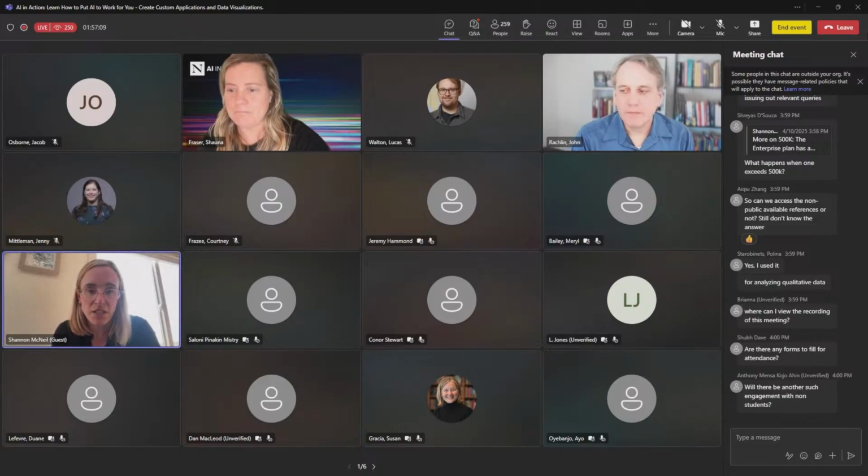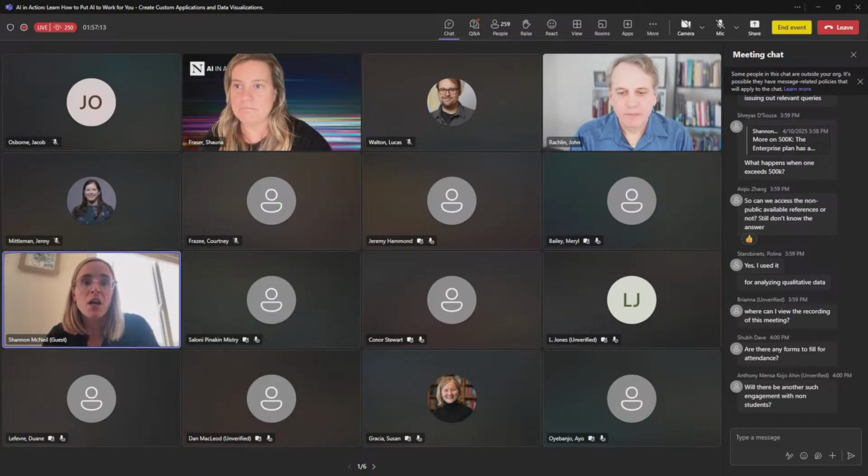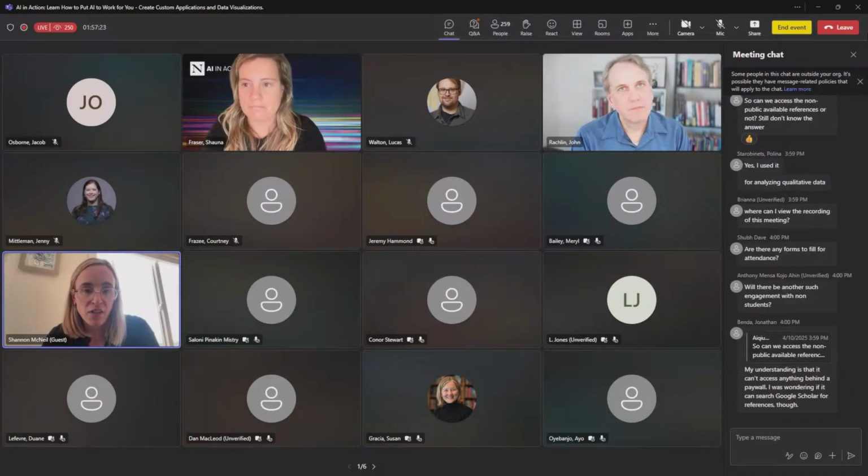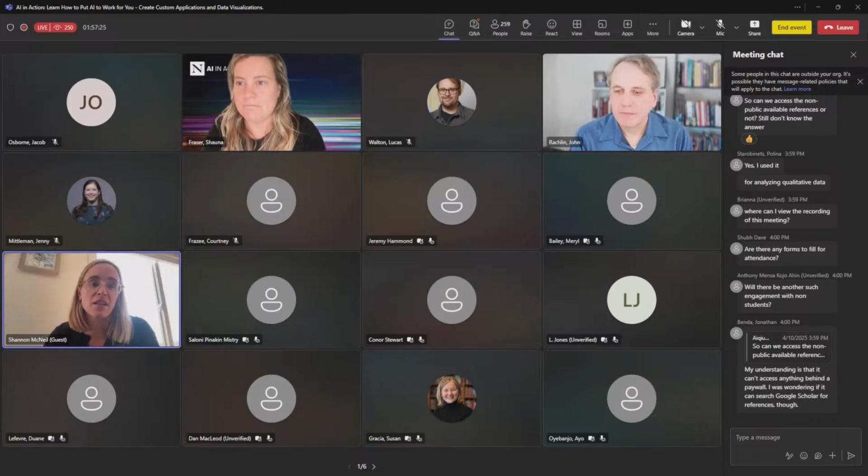So anything that you put into Claude, we do not use any of that information to train our models, whether that's the documents or chats that you're having there. It's not hosted outside of the cloud, but it is an isolated space that people within Anthropic aren't accessing, nor our models.